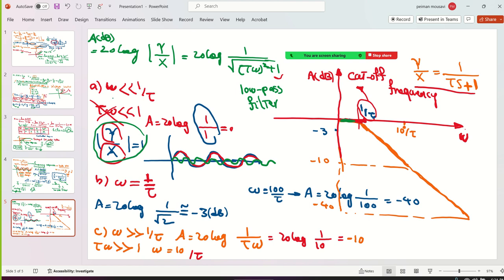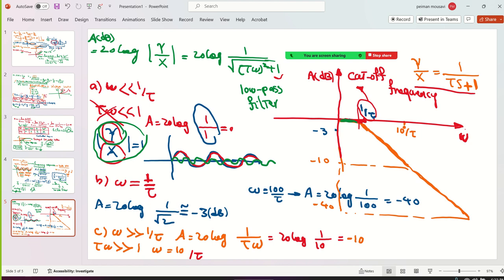For high frequency, the output diminishes, reduces. So only low frequency is passed; for high frequency, the amplitude is decreasing. You got it, guys? Yes, everybody? Yes, guys?